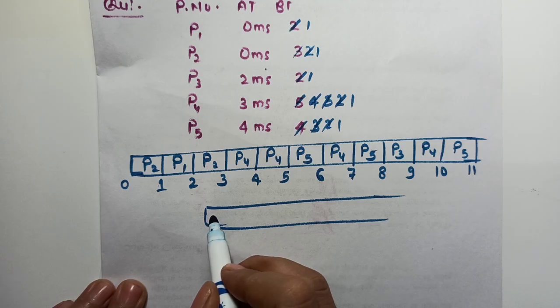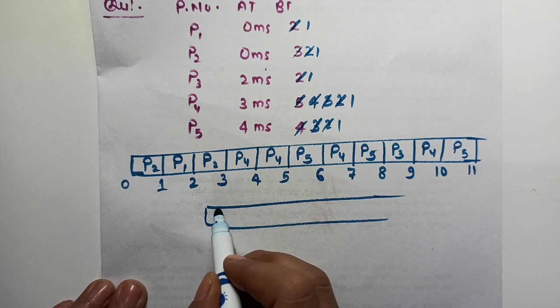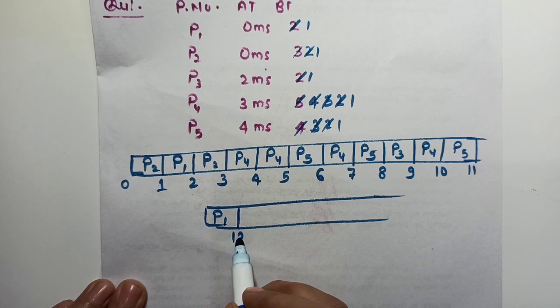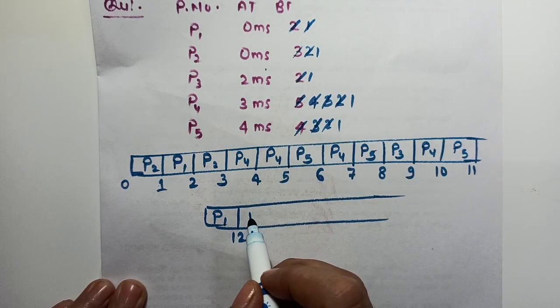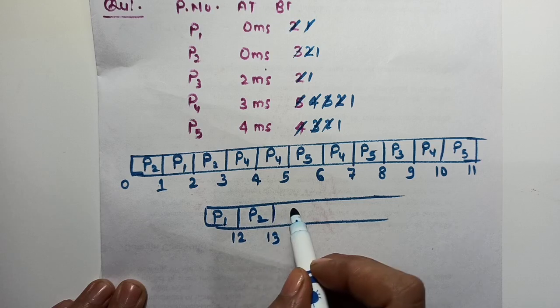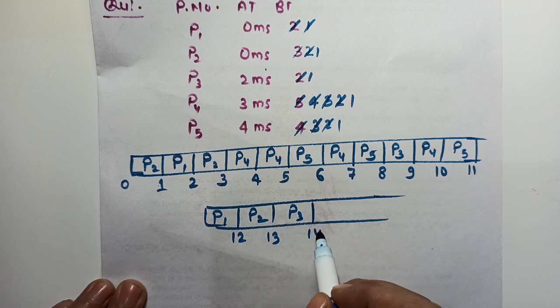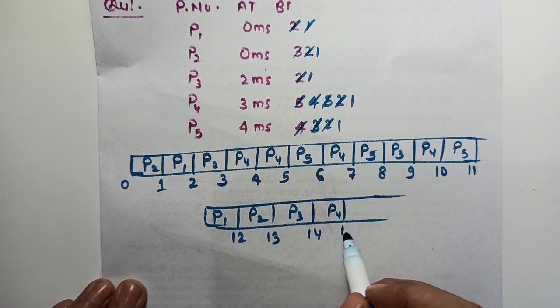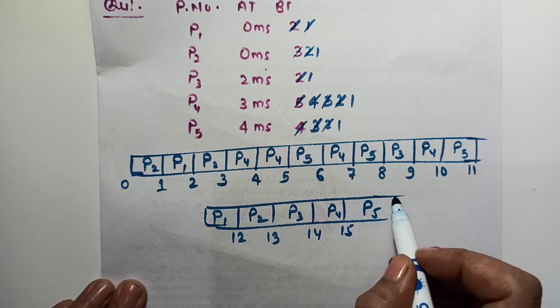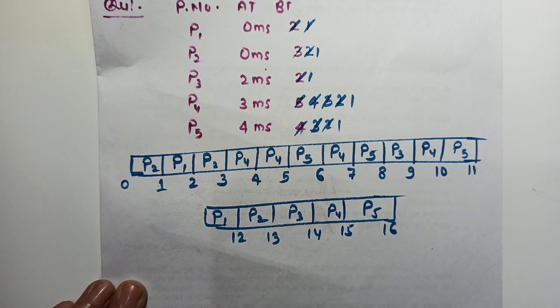So which process? P1 first for 1 unit it has executed, then P2 for 1 unit, then P3 for 1 unit, then P4 for 1 unit, and then P5 for 1 unit. So how much time it is taking? Total 16 unit of time in which it is completing 5 processes.